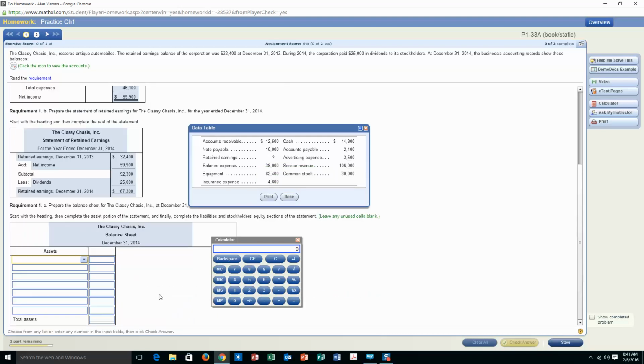The balance sheet, if you look in your textbook or Help Me Solve This, has your assets, which for us, we do in the order of the most liquid asset, which means how fast you can convert it to cash. Cash is obviously the most liquid. Accounts receivable and equipment. And then I would total these up.